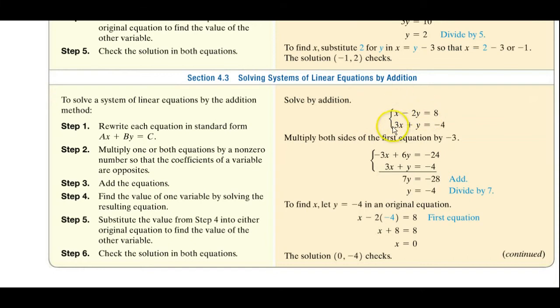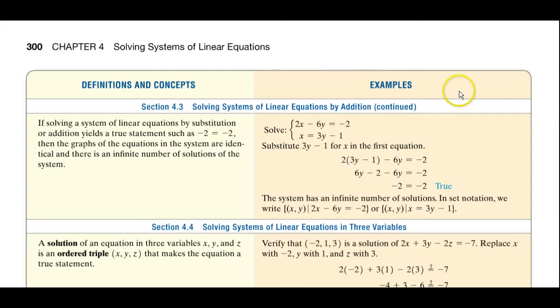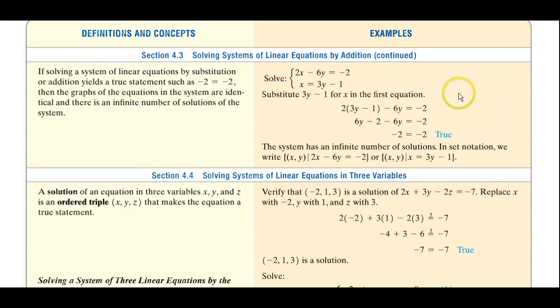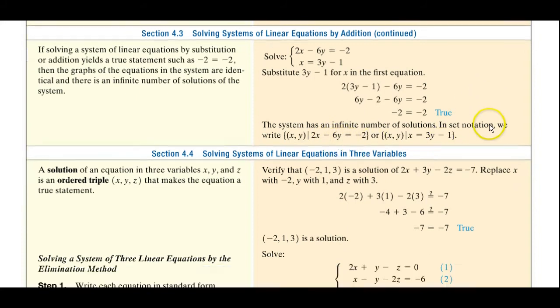We're modifying equations so that something cancels out and then finding the other letter. And if we ended up with an untrue statement, there was no solution. A true statement, there was an infinite number of solutions, and we write the answer in set builder notation.